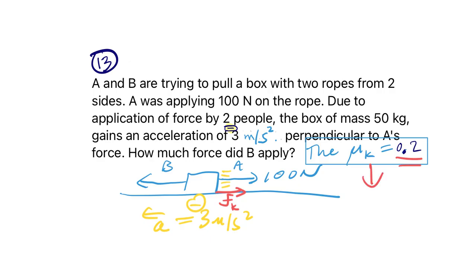So right away, I can figure out mu equals F over N. N equals weight equals mg, right? The normal force and the weight cancel each other out.